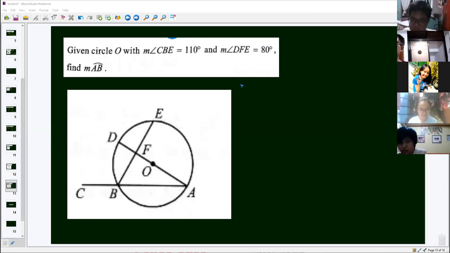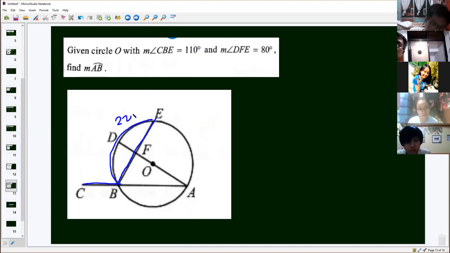Okay, let's see. Ako, una ko makita, I'll apply. Ganun lang ang ginagawa ko. CB is 110. This is 110. Guys, this is still an inscribed angle kahit nasa labas yung isang side niya, no? So that makes this arc right here 220 degrees. Yan nandyan.